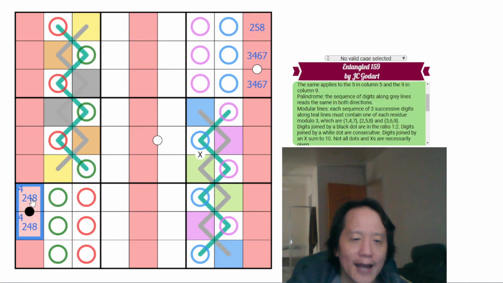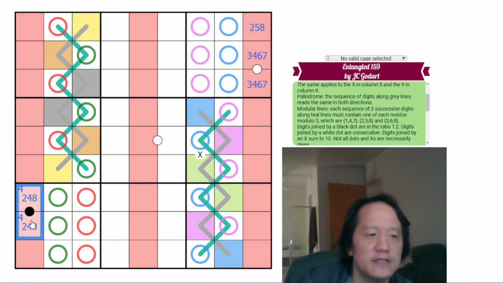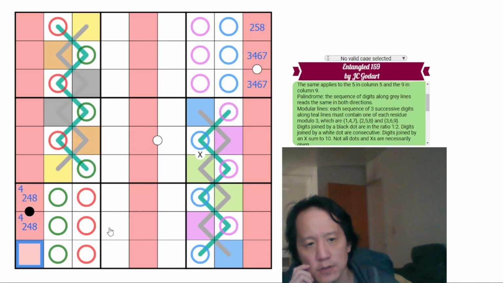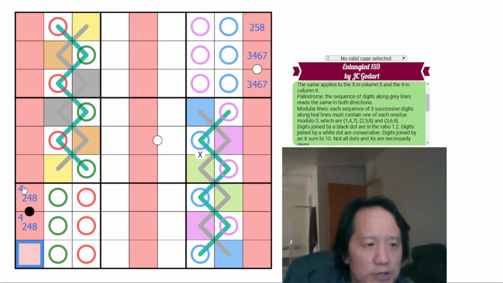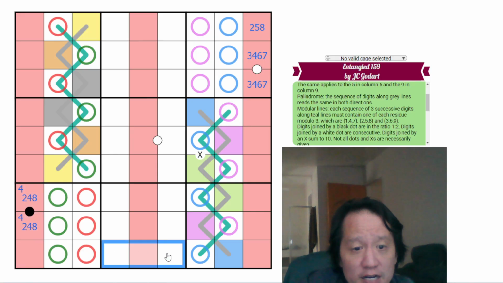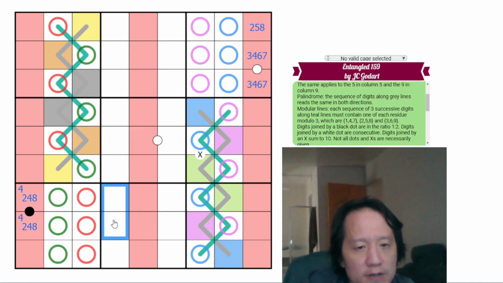So the 4 has to be here, and it's either with a 2 or an 8. So this cannot be 1 or 7. So we know this is a 4. It cannot be 1 or 7. It cannot be 5 or 6 either, right? Because the 4 means that the 1 has to be in one of these spots.